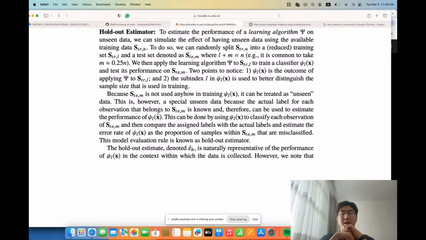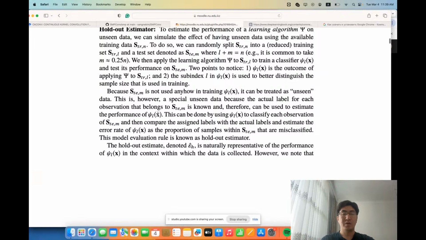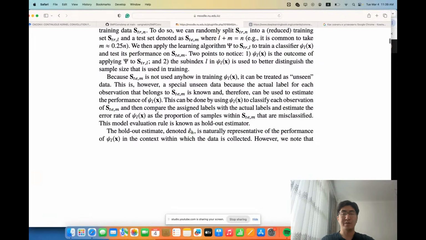This can be done by using the classifier to classify each observation in the test set and comparing the assigned labels with the actual labels, and estimating the error rate as the proportion of samples within T that are misclassified. This model evaluation rule is known as the holdout estimator.